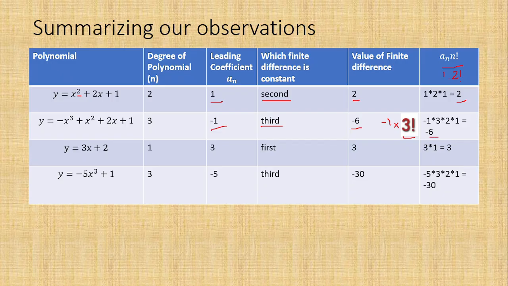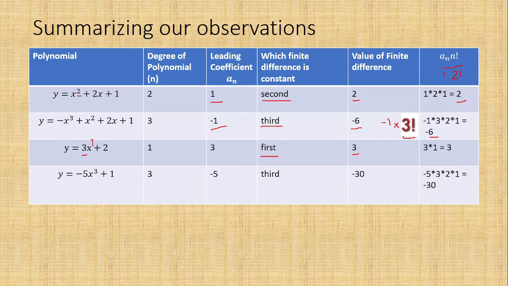For the next equation, y equals to 3x plus 2. What is the degree? The degree is 1. What is the leading coefficient? The leading coefficient is 3. Which finite difference is constant? It is the first finite difference that's constant. And what is the value of the finite difference? It is 3.